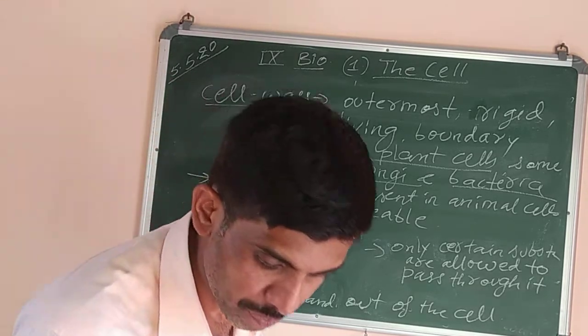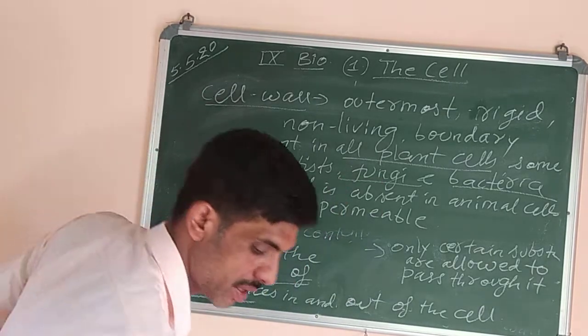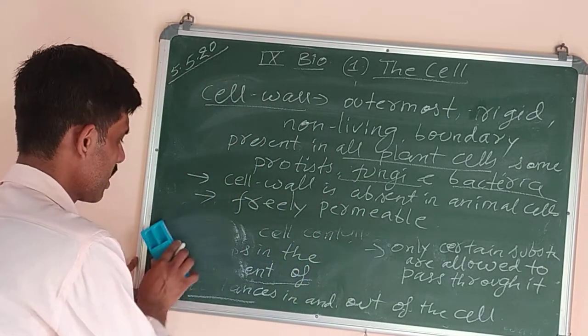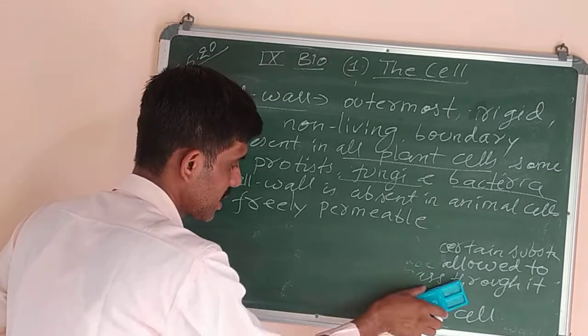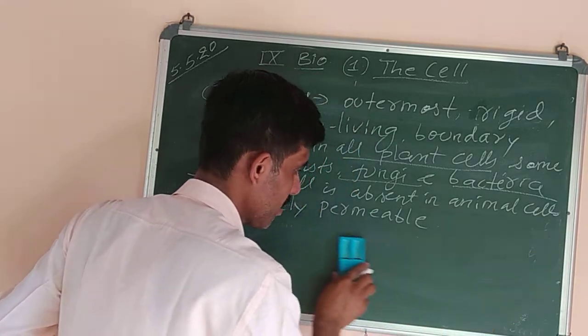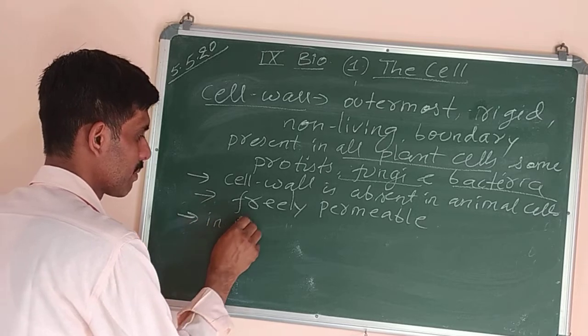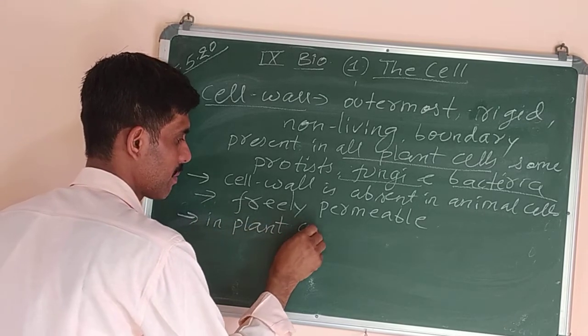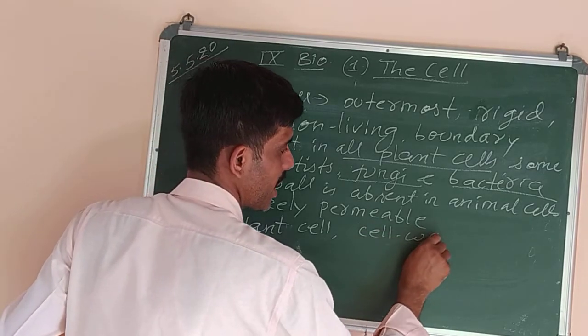Now next one is cell wall in case of fungi. In case of fungi, cell wall is made up of a substance. Let's see what the cell wall is made of in plant cell, fungus and others.